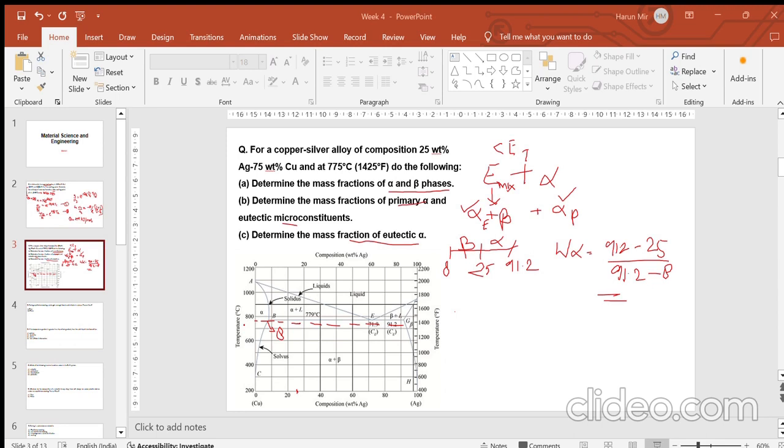That will give us our primary alpha, right? Because we do not know the exact end point, we will choose this eutectic point as our region for determining the alpha.